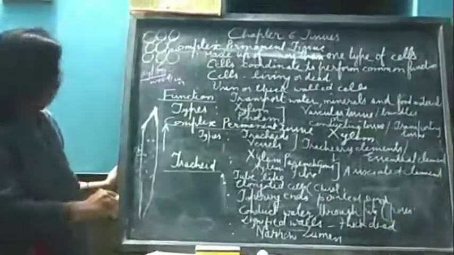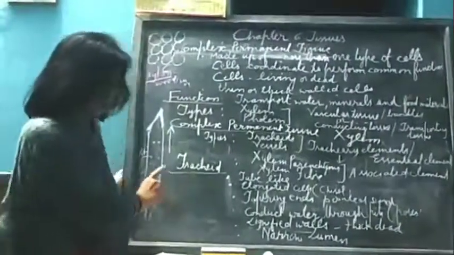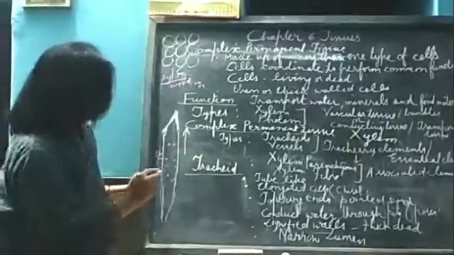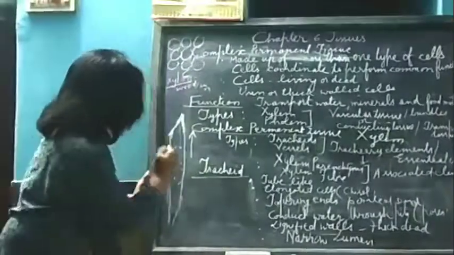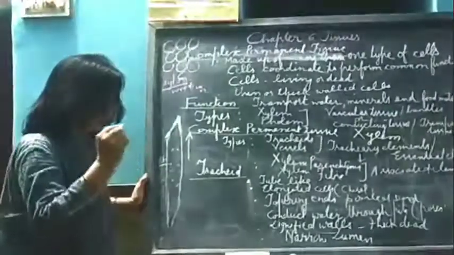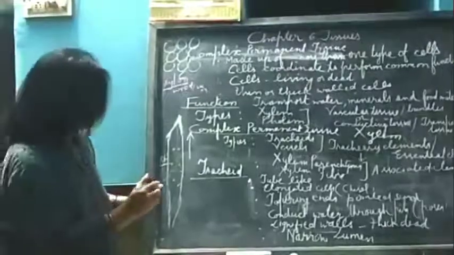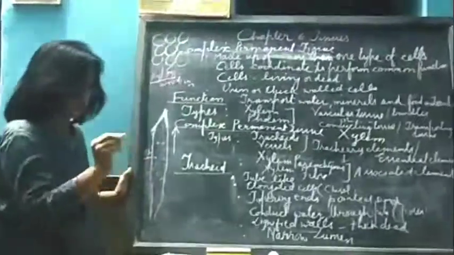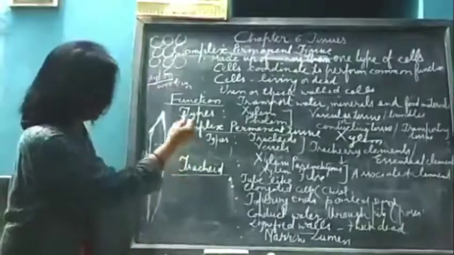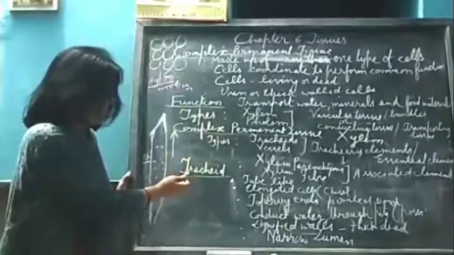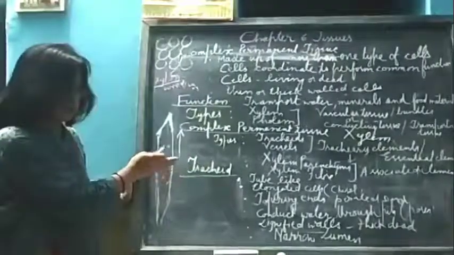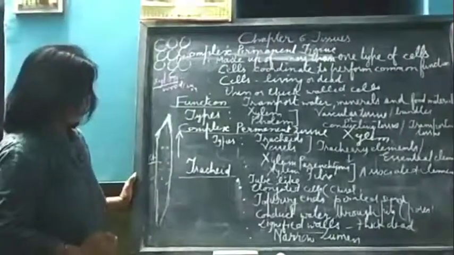The hard lignified walls have 1 or more rows of bordered pits. So you will not be confused: what are pits? In simple words, pores. A pit is a small cavity or a thin portion in the lignified cell wall of tracheids and vessels, which helps in lateral movement of water between tracheid and vessel.